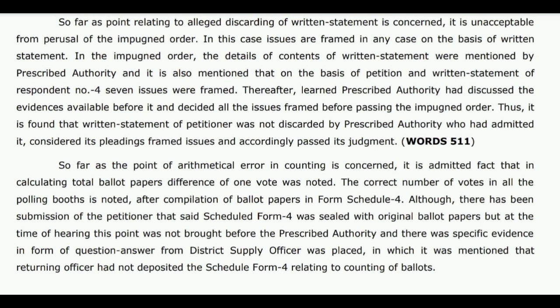Although there has been a submission of the petitioner that the said Schedule Form 4 was sealed with the original ballot papers, at the time of hearing this point was not brought before the prescribed authority, and there was specific evidence in the form of question and answer from the district supply officer placed, in which it was mentioned that the returning officer had not deposited the Schedule Form 4 relating to counting of ballots.